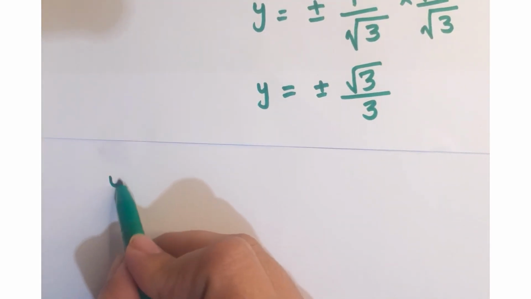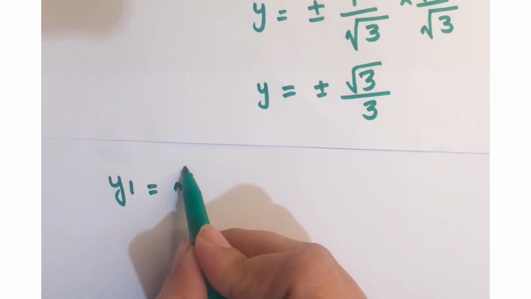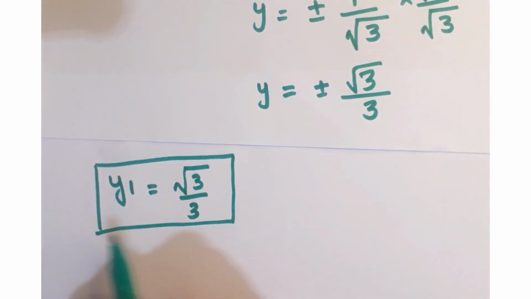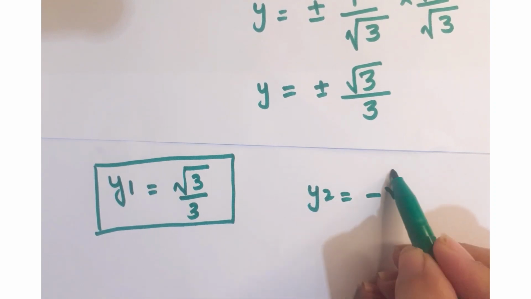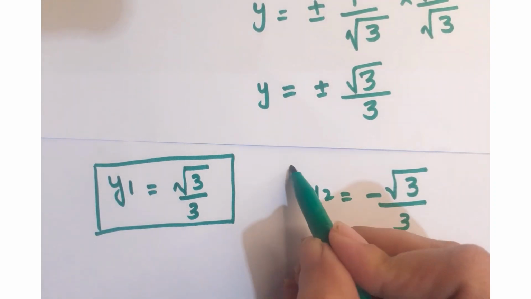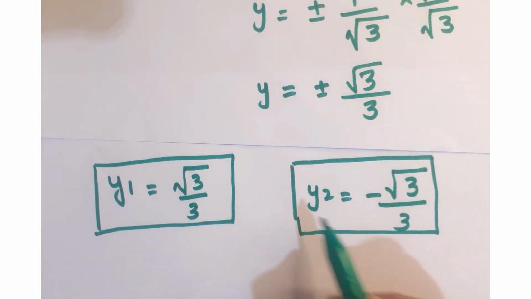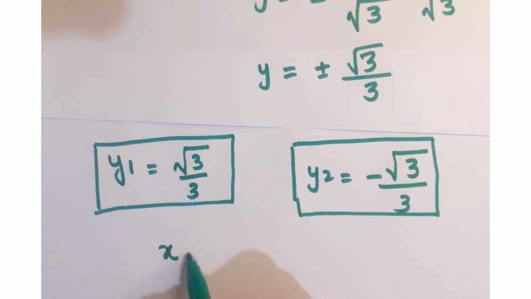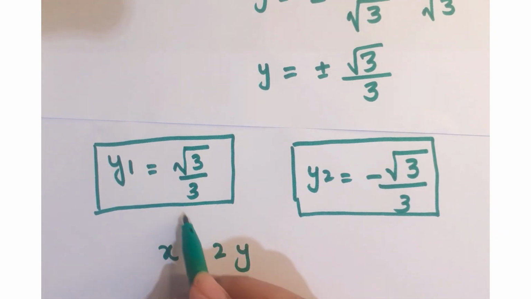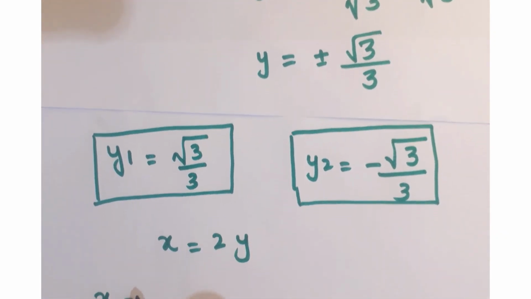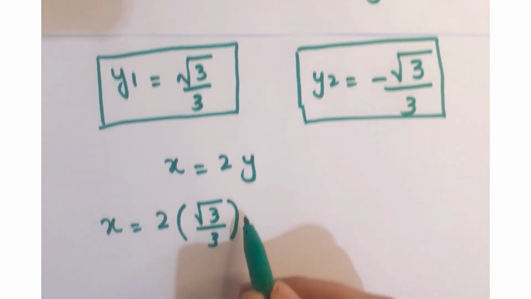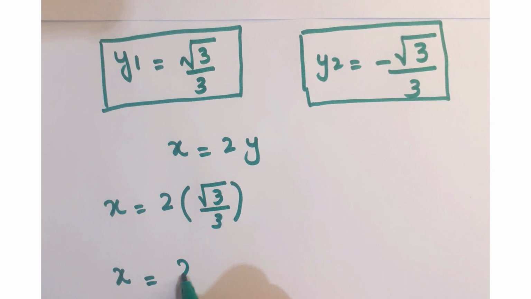So we have two possible values of y, that is y1 is equal to plus under root 3 upon 3 and y2 is equal to minus under root 3 upon 3. Right? So we have to find the corresponding x values according to these y values. Since we have x is equal to 2y, now substituting this value, x is equal to 2 times under root 3 upon 3, or x is equal to 2 under root 3 upon 3.